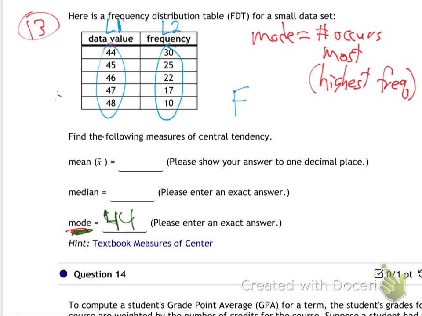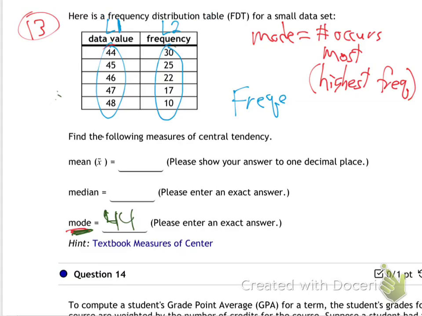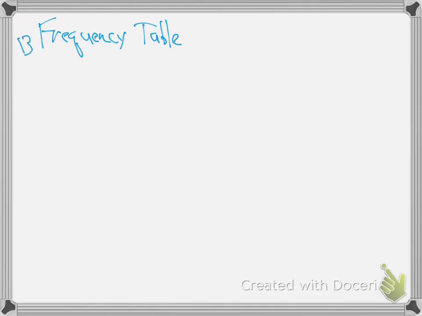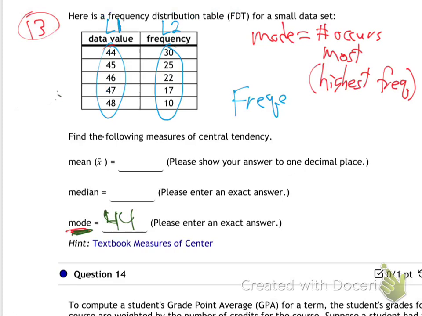So let me write that. For a frequency table, L1 and L2.